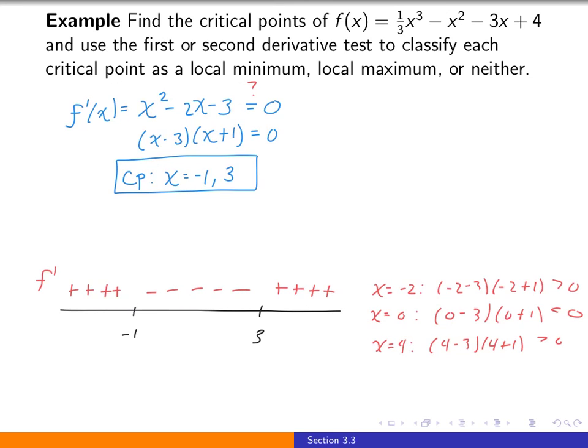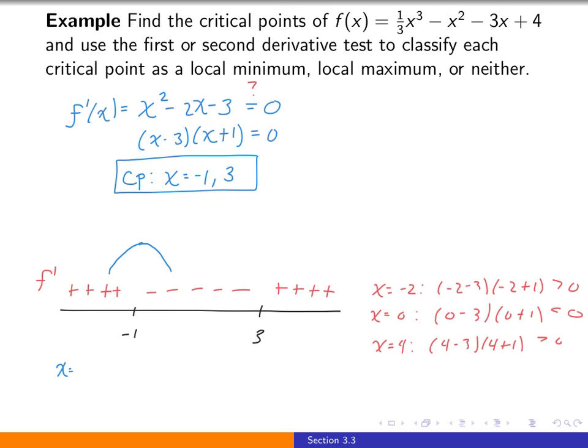So if we look at minus 1, and how I remember this is I draw above, our function is going from increasing to decreasing. And if you're going from increasing to decreasing, x equals minus 1 will be a local maximum.